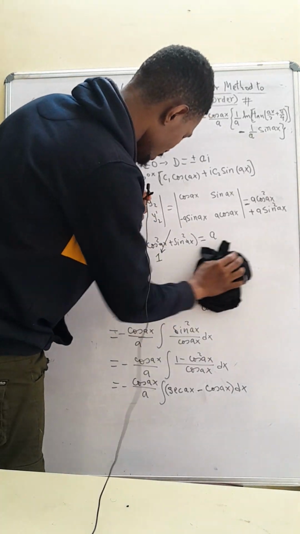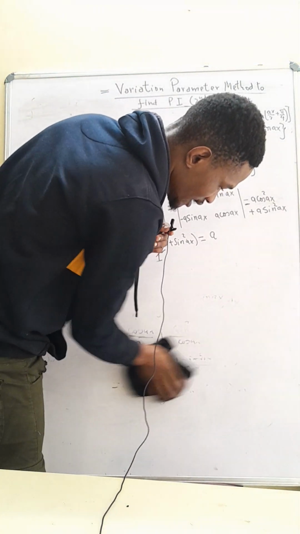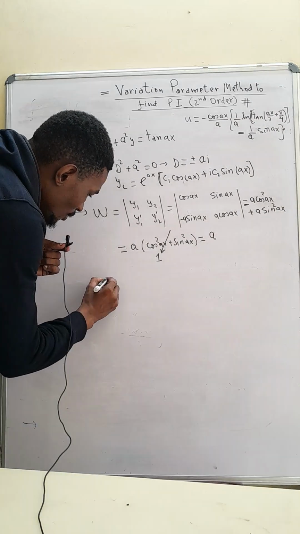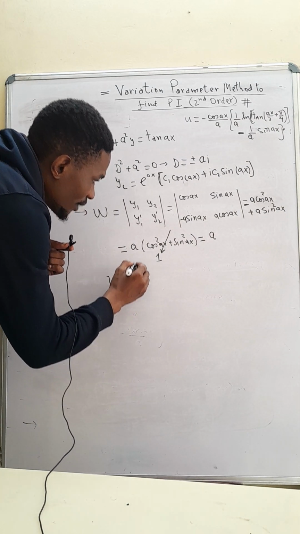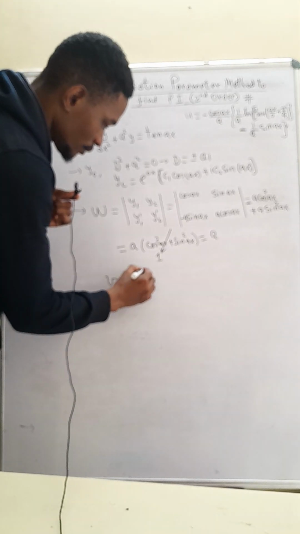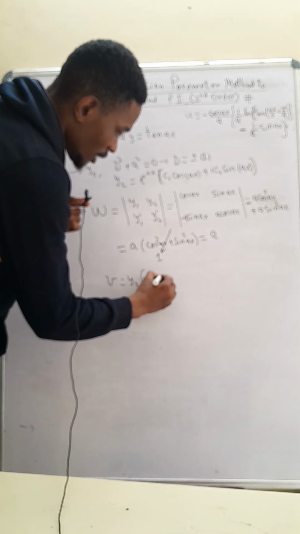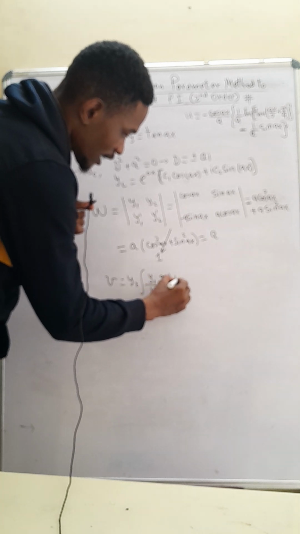Let me erase because no more space is in there. How to find your v? So v, we know, v will be y2 integration y1 w upon g of x dx.